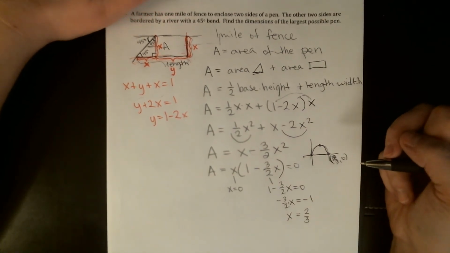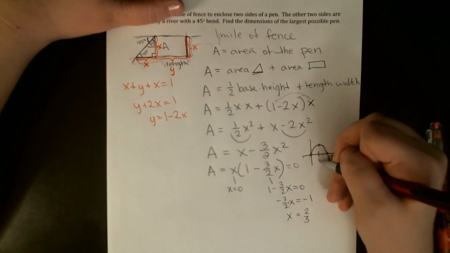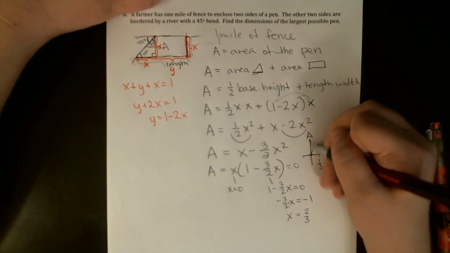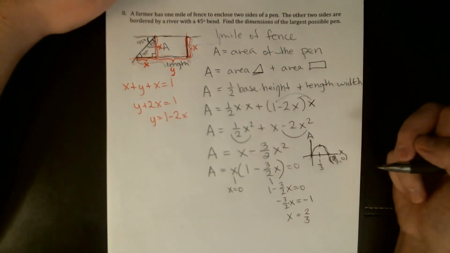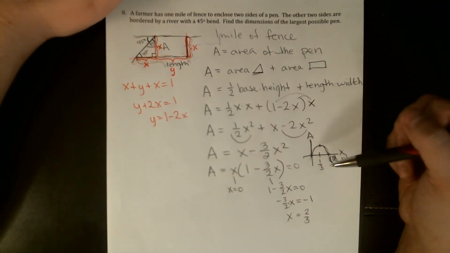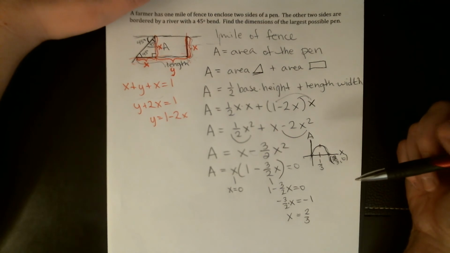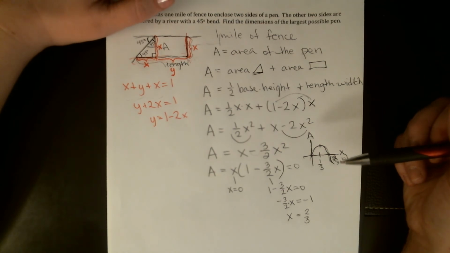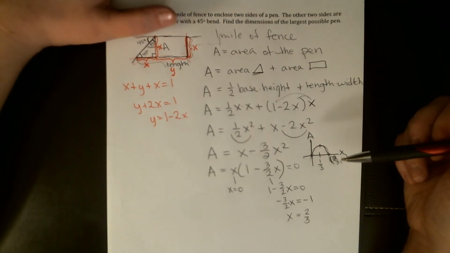Which means the x-coordinate of the vertex is 1/3. If you want to get the biggest A, and this axis represents the A's, this represents the x's, you should let x be 1/3. So if x is 1/3 of a mile, you will get the largest possible area. We were looking for dimensions here, so you can describe this how you'd like.